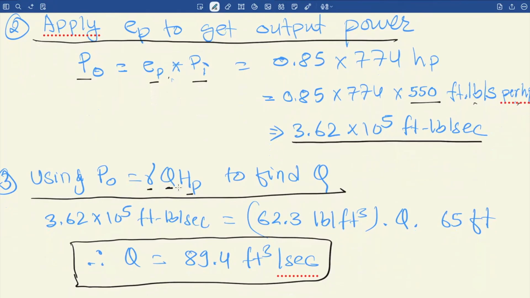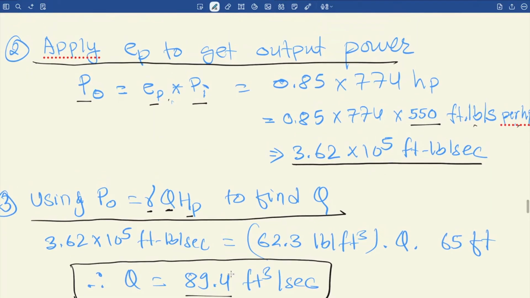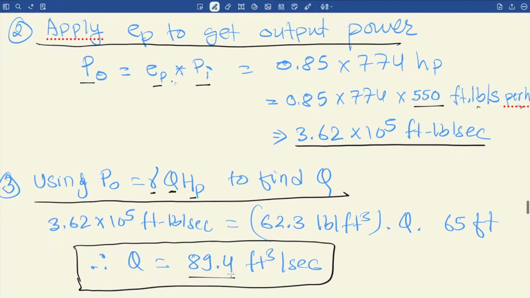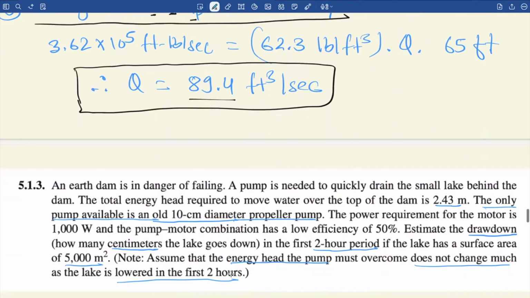So when we do the calculation, we will get the value for flow rate as 89.4 feet cube per second. You might feel confusion about the unit conversion, so you need to take care about it. Other than that, it's just applying the formula and computing the value for flow rate.